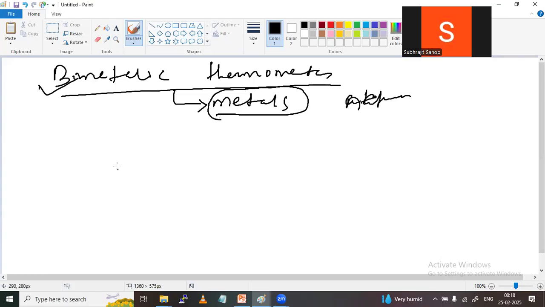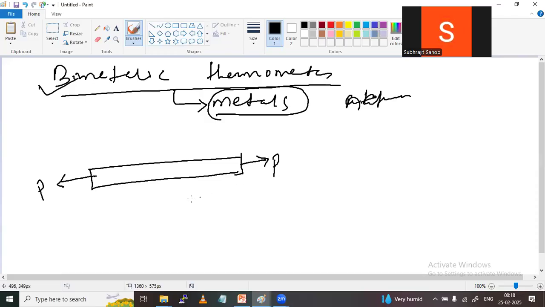Suppose I give an example of the principle it works on. Suppose I take a bar or rod, any metallic piece. If I apply a load P here, and the length is L, what will happen to this piece of metal?